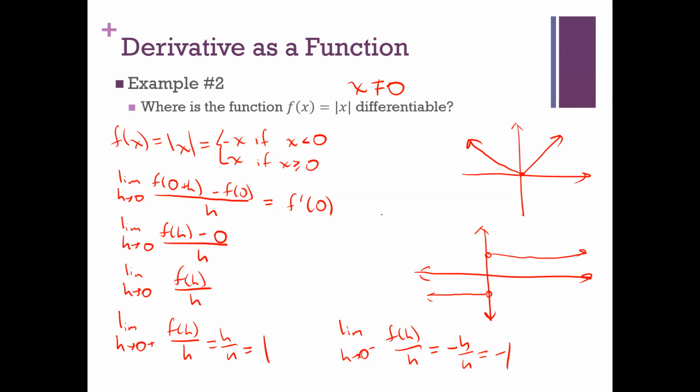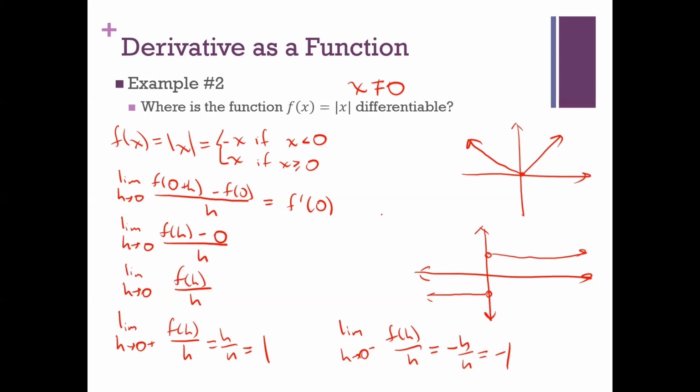The x-axis is tangent to that, but I really have a lot of freedom, right? I don't have a unique tangent line I can draw, which means the limit can't exist. Remember, for the limit to exist, how many limits can there be? If it exists, at most one. So the fact that I could draw an infinite number of tangent lines there is a problem.